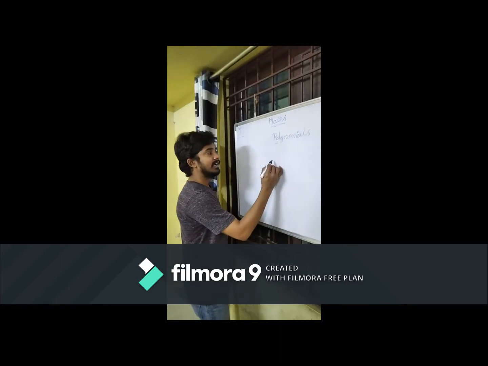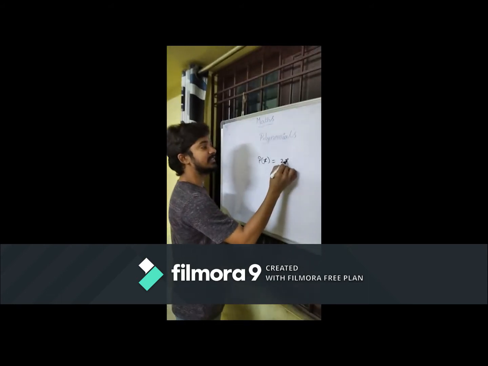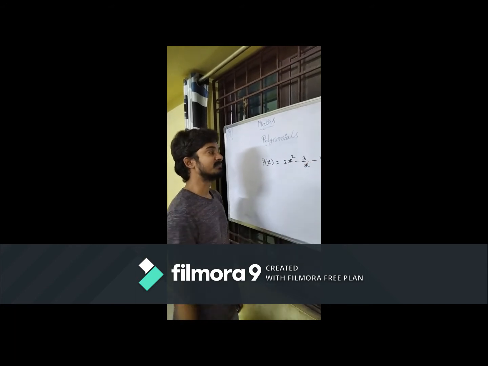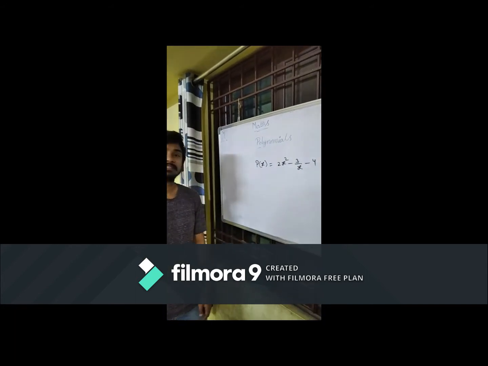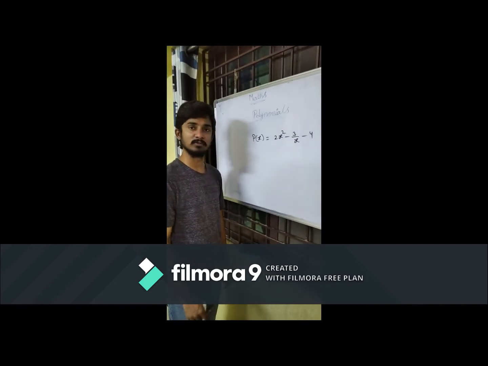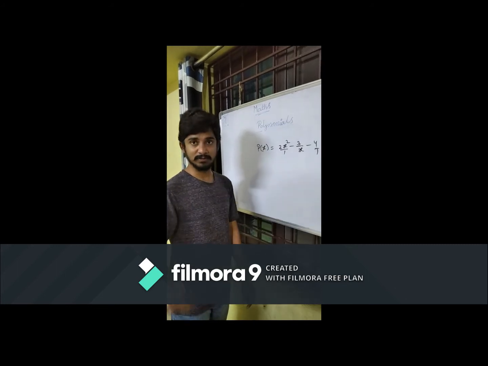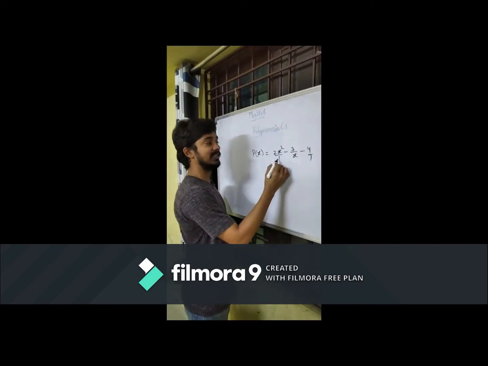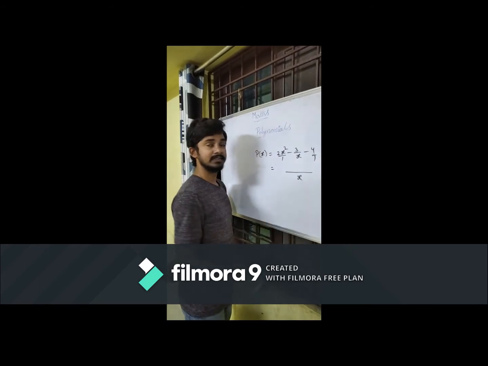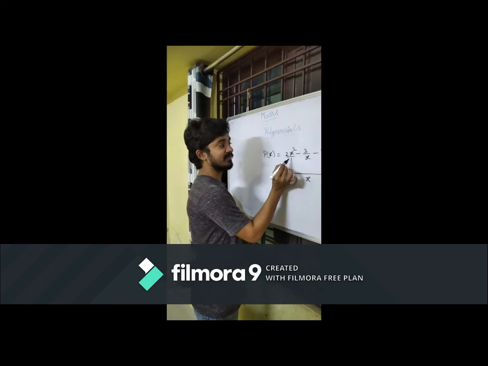Next one, if p(x) equals 2x^2 minus 3 by x minus 4. 2x^2 means over 1 and 4 means over 1. This can be written using the LCM of x and 1, which is x.